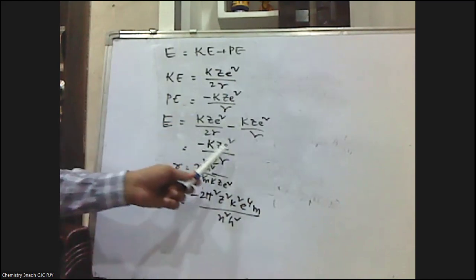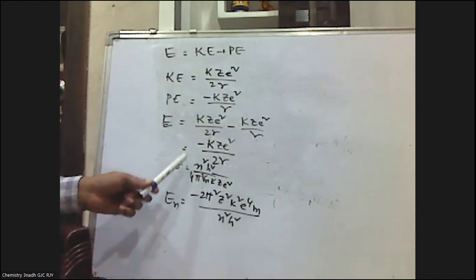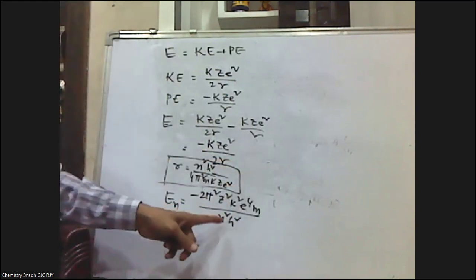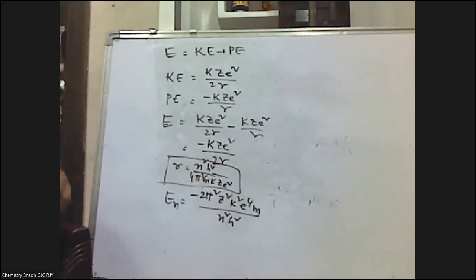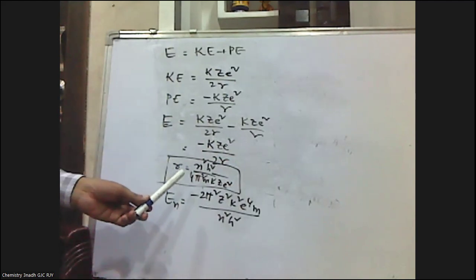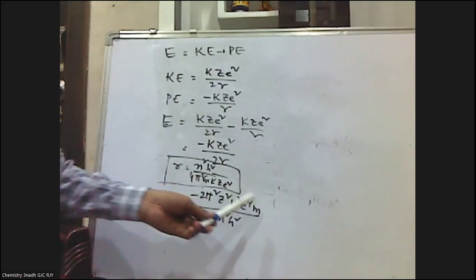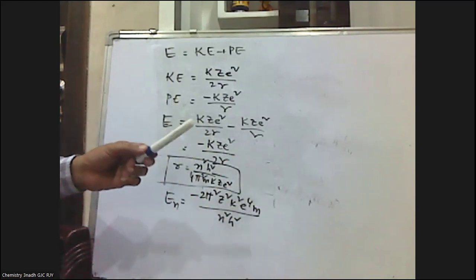We know that the radius of Bohr's orbit is given by Rn is equal to this value. So I am substituting this value and I am getting En is equal to minus 2 pi square Z square K square into m e power 4 by n square h square.